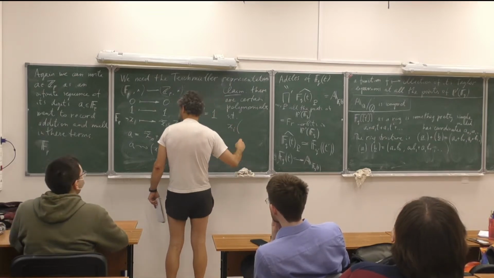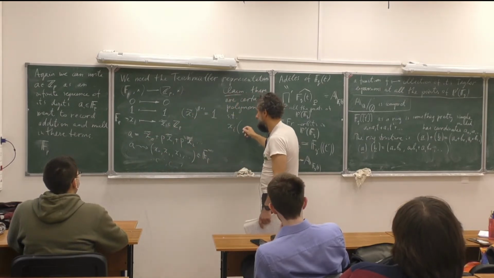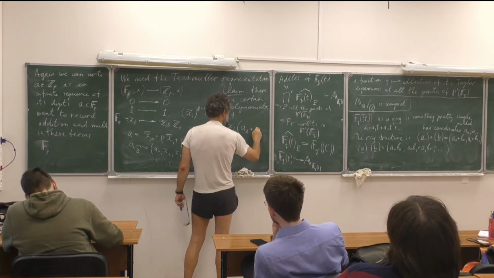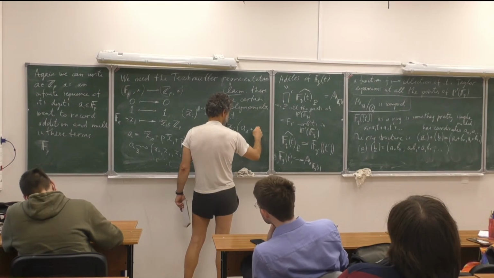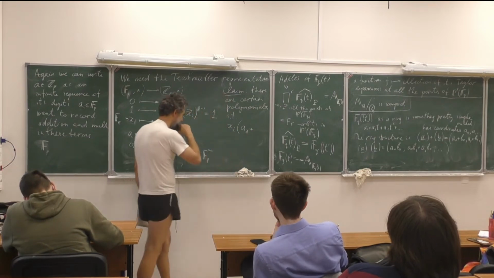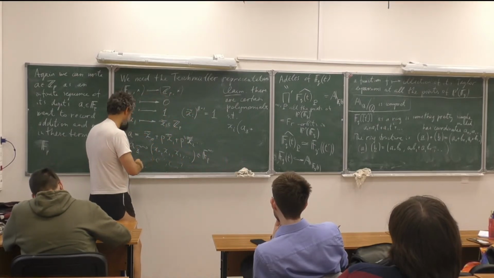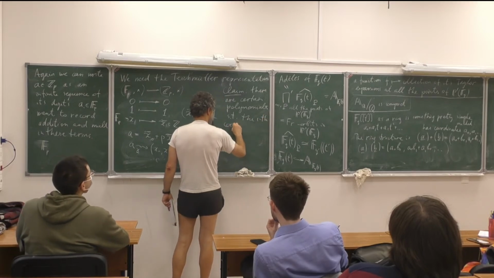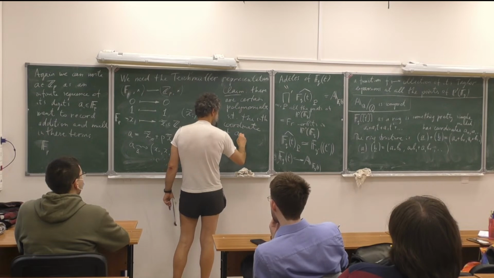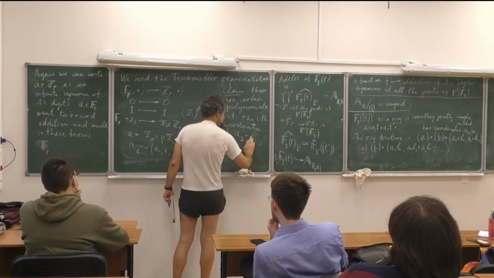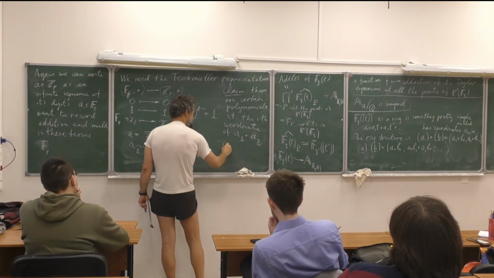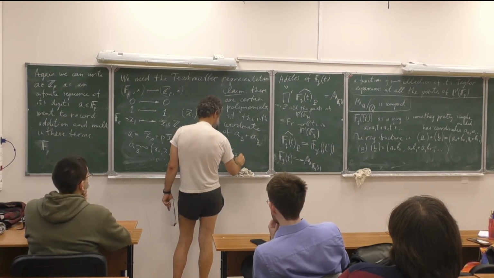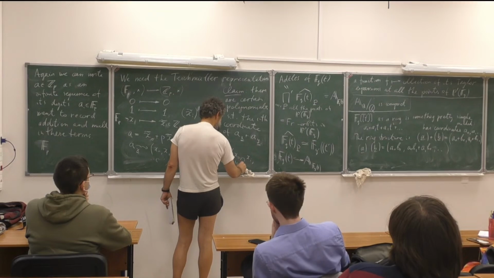the ith coordinate of a_x plus a_y is some polynomial f_i of x0 and so on, xi, and then y0 and so on, yi.